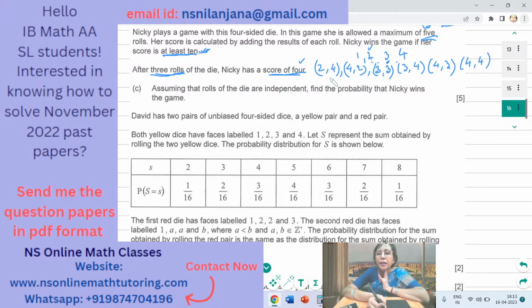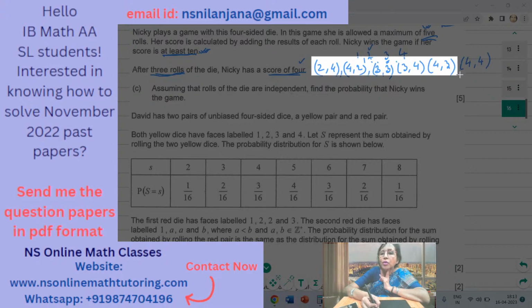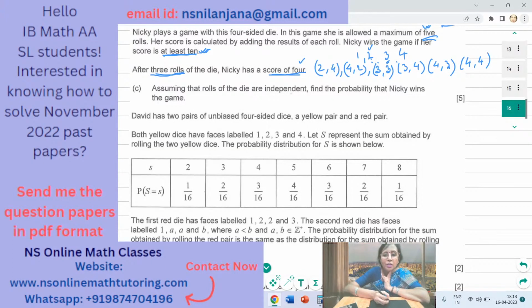Now we will be getting the corresponding probability. Let me bring these down. This is subpart C, because part C is saying, assuming that the rolls of the dice are independent, find the probability that Nikki wins the game. And it contains 5 marks.